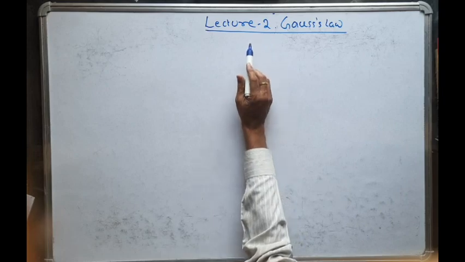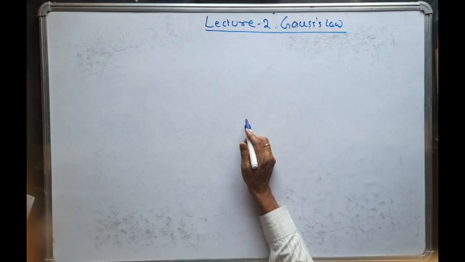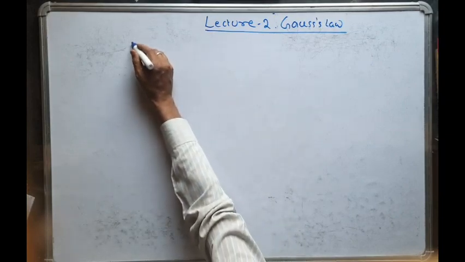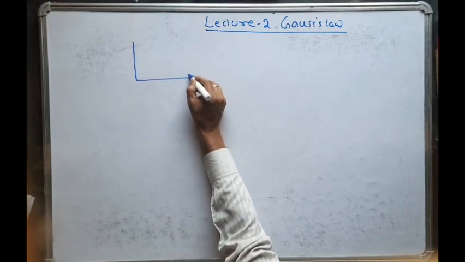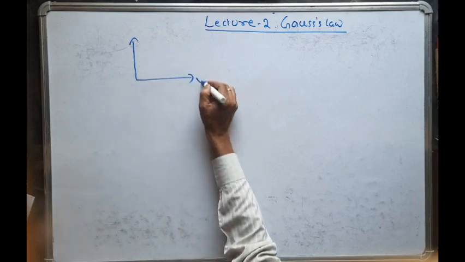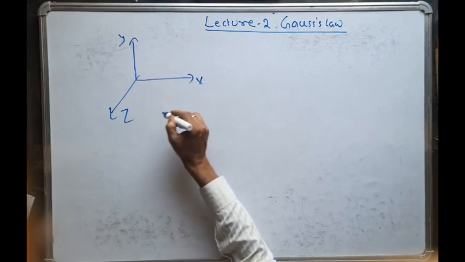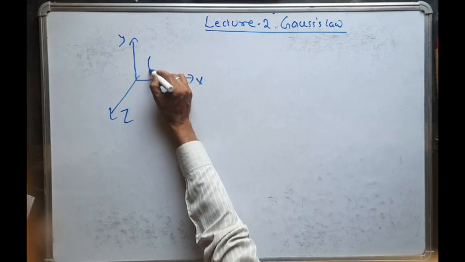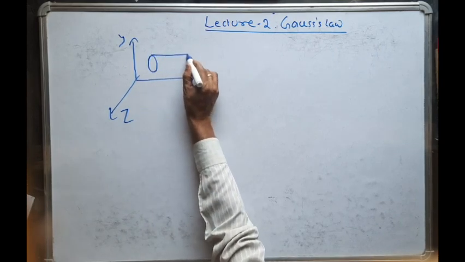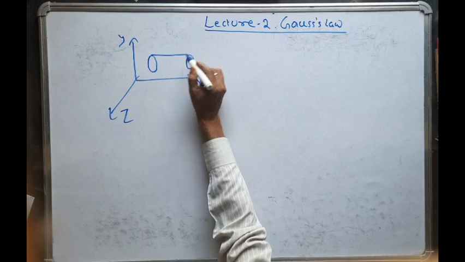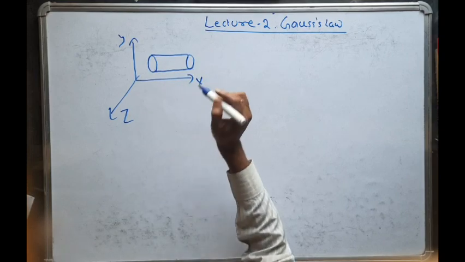So in the last class I was discussing the flux. Suppose you take an example. Let us say this is the x, this is y, this is the z axis. Now you take a cylinder, either a closed cylinder or a solid cylinder.